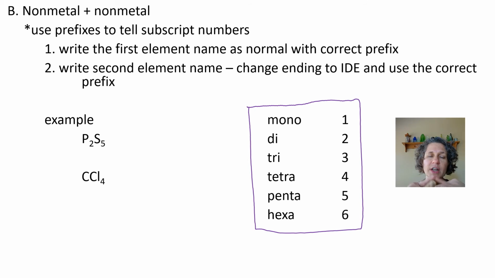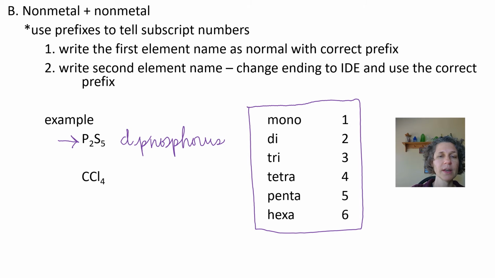Okay, so write the first element name as normal and use the correct prefix. So in our example, we've got P2S5. The prefix for 2 is di, and P is phosphorus, so we would say diphosphorus. Sorry that this is not written very neatly, the pen doesn't work that great. So diphosphorus is the first part, and then we have S5.